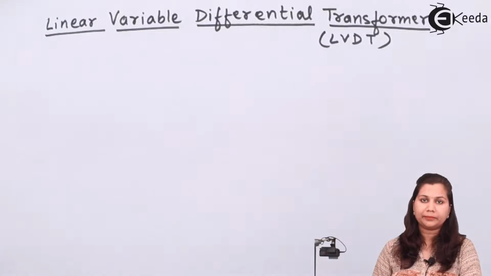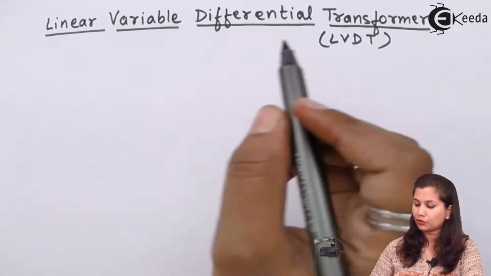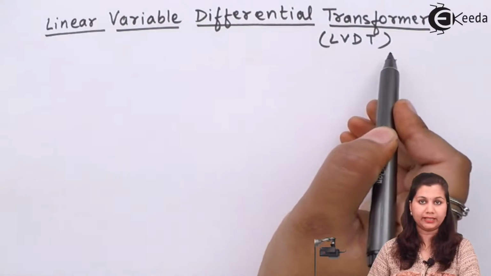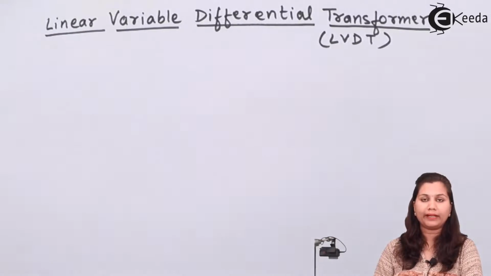The linear variable differential transformer, also known as LVDT, is the most widely used inductive transducer.